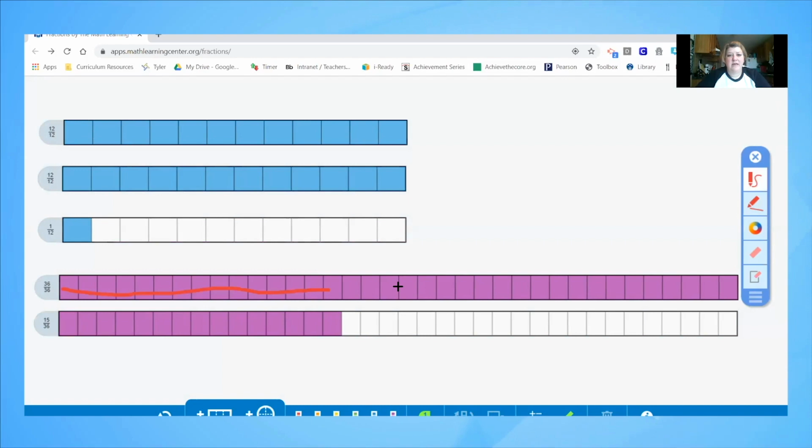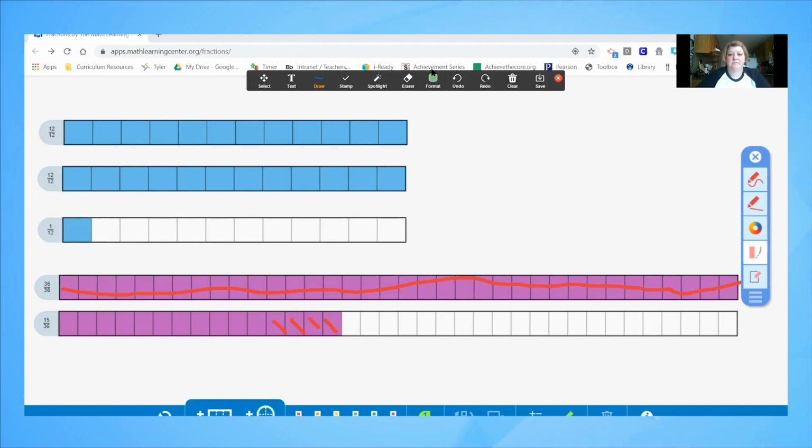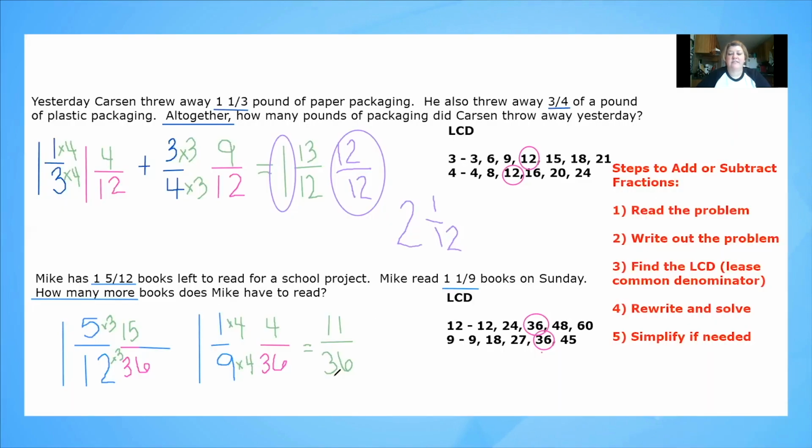So he read all of this, and then he read 4 out of 36, and you'll see what he has left is 1, 2, 3, 4, 5, 6, 7, 8, 9, 10, 11 out of that 36. So he had 11 36ths remaining.